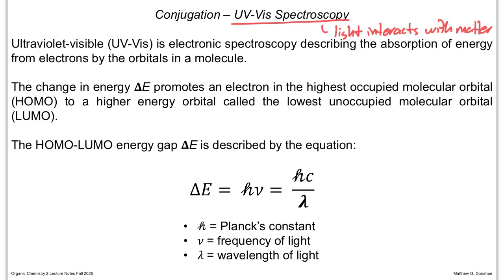How much energy does it have to make something happen in a molecule? What exactly is it doing? In the UV-vis region, the energy promotes an electron from the highest occupied molecular orbital, so a filled orbital, into an anti-bonding orbital, so lowest unoccupied.